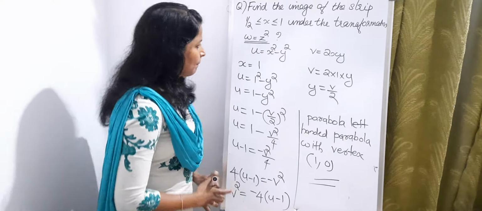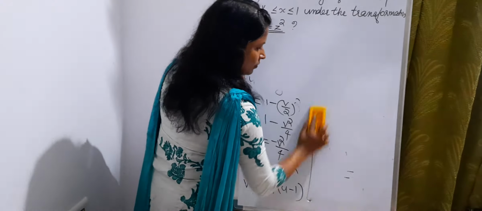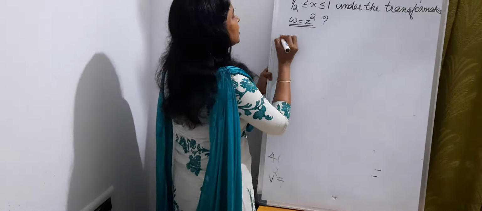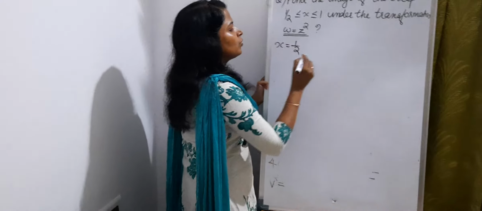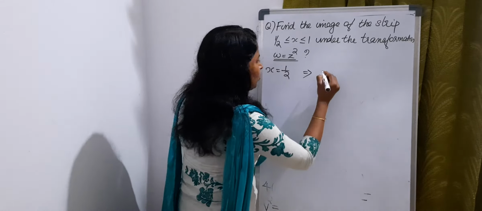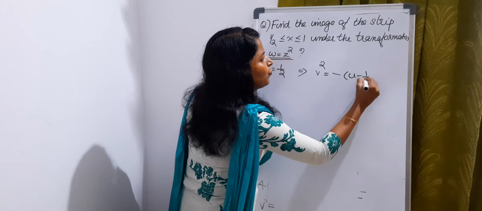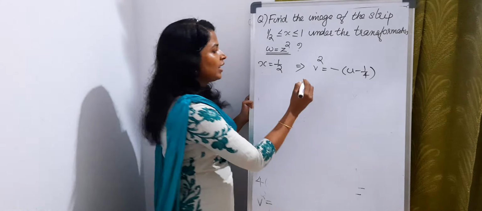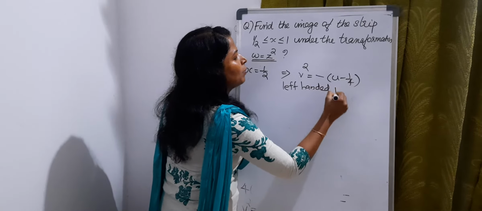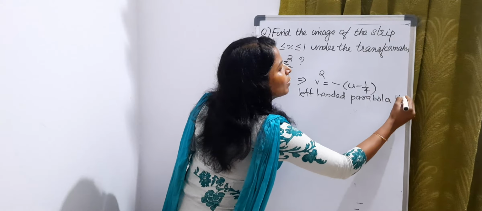In both cases: first case, x = 1/2, we get v² = −(u − 1/4), a left-handed parabola with vertex (1/4, 0).